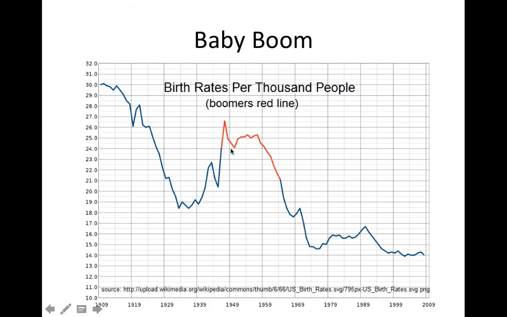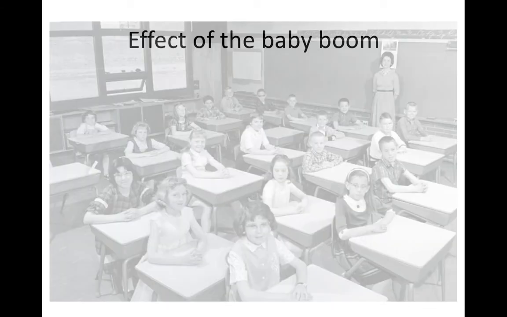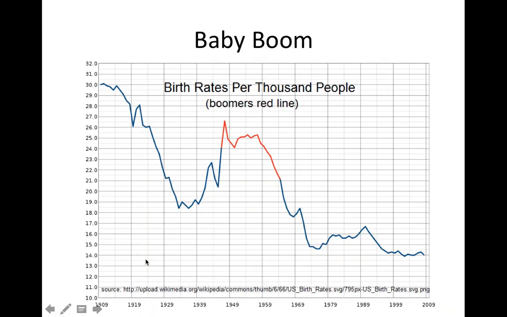But after World War II, there was a spike. Generally, as nations get wealthier and more advanced, the birth rate declines. So the baby boom was kind of an anomaly, an unusual thing. And it generally spans from about 1946 to 1963.